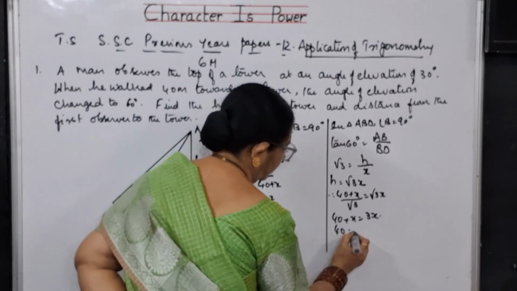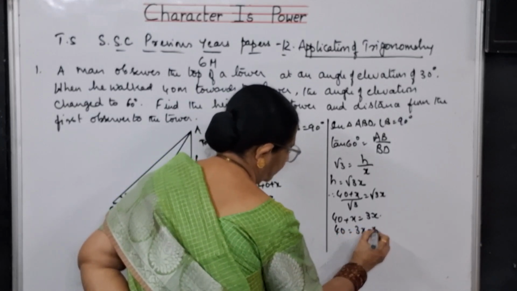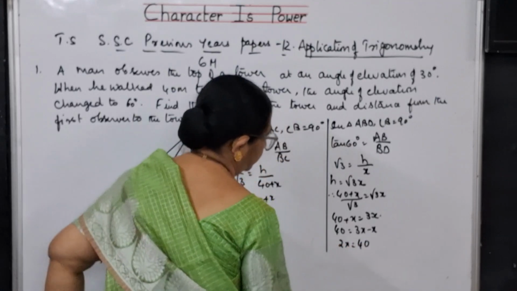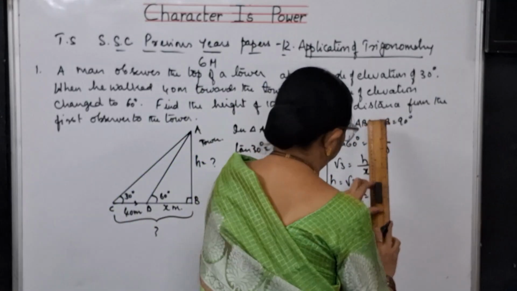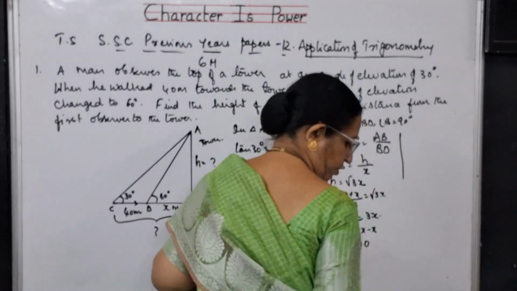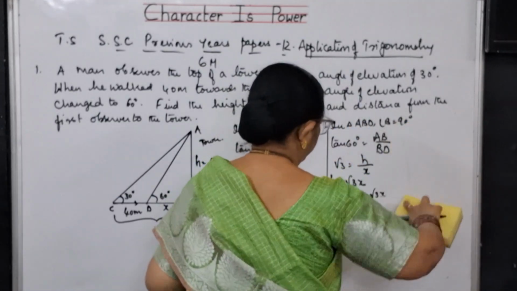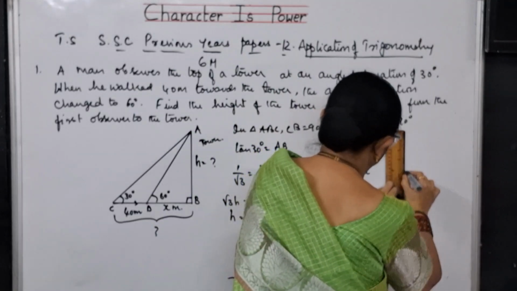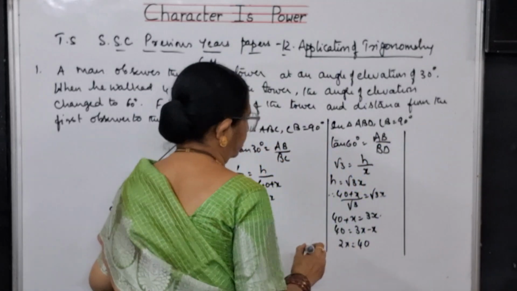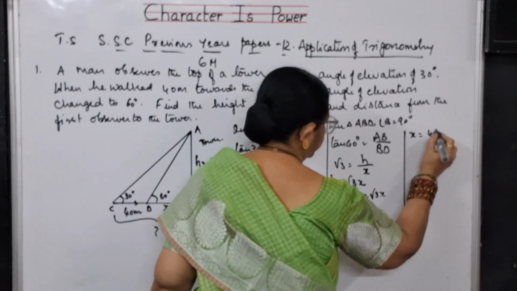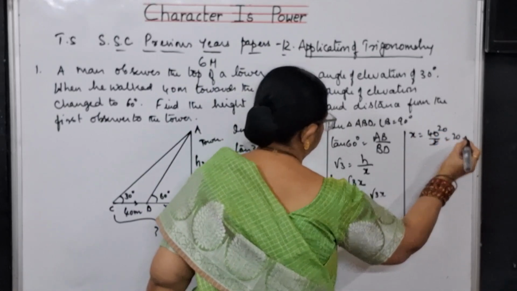So 40 is equal to 3x minus x, means 2x is equal to 40. So x is equal to 40 by 2, that is 20.